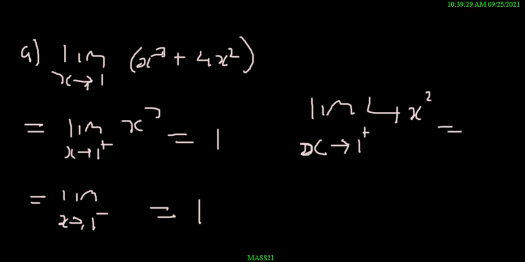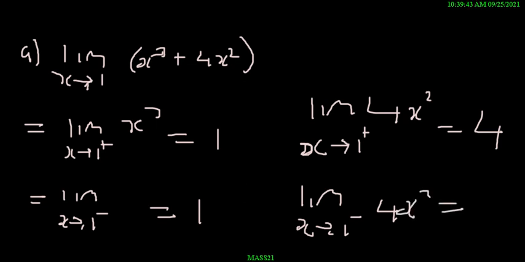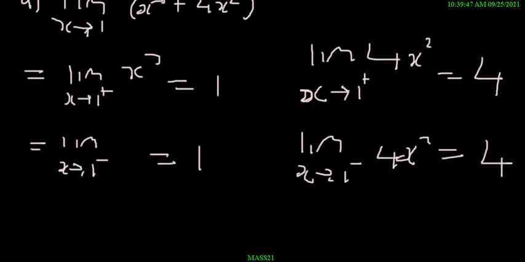And the limit as x approaches 1 from the left, again we put 1 there, which is going to give us 4. So we can see that the limit as x approaches 1 from the right and from the left is the same, so it's going to be equal to 4.